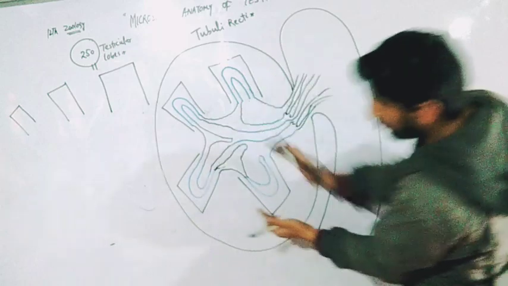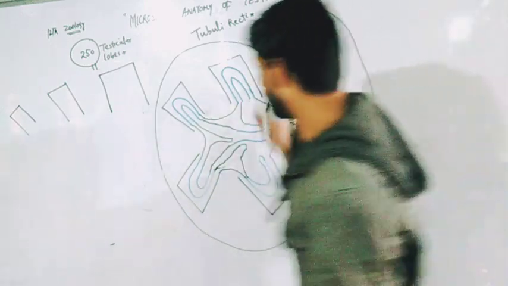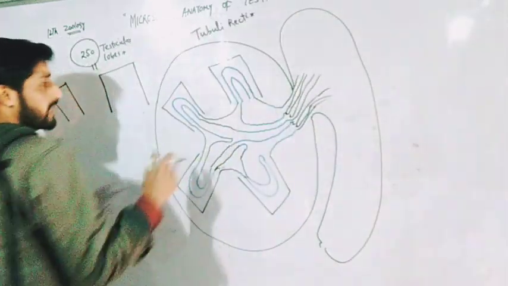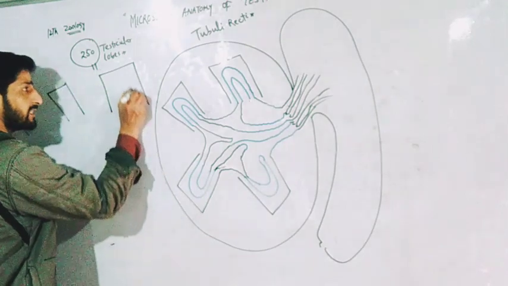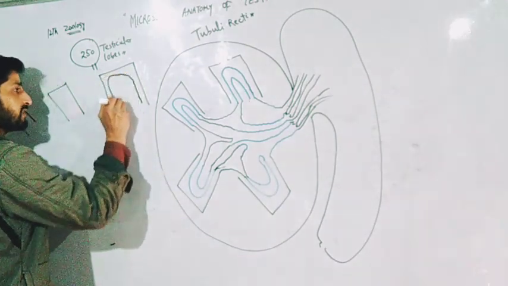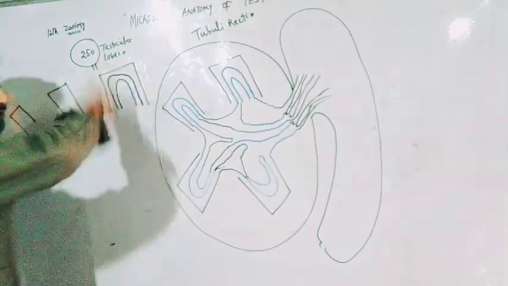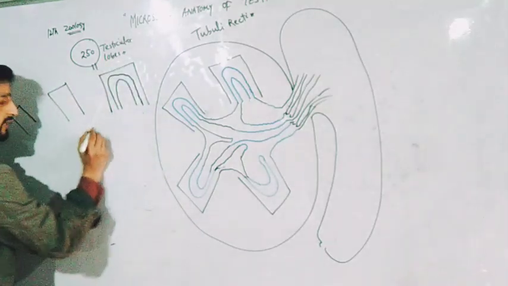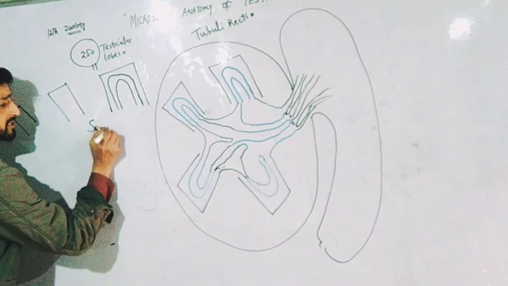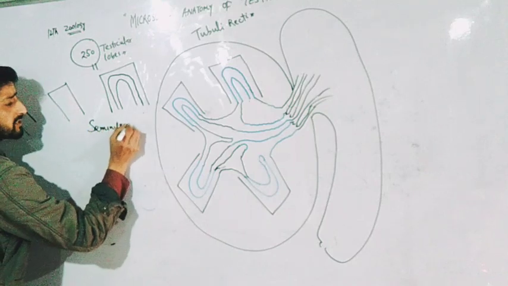In each lobe there are coiled tubular structures. These coiled tubes are known as seminiferous tubules.